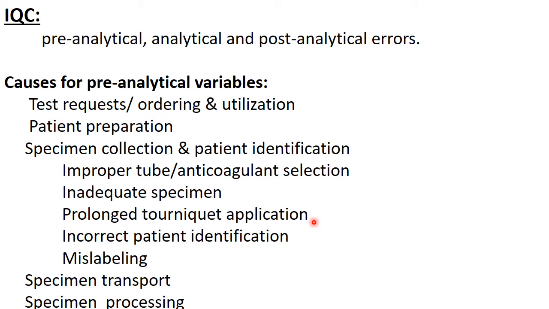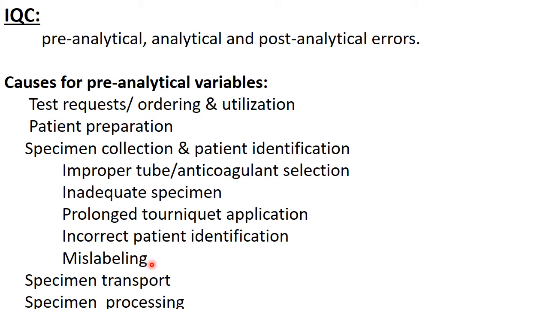Blood collected from the arm into which administration of intravenous fluid is going on can also lead to dilution or contamination. Next, incorrect patient identification. The correct identification of patient specimen can be done by use of laser beam wands, which can read the barcodes.